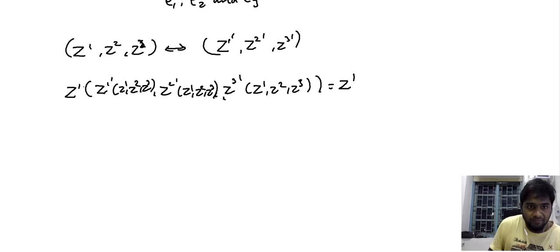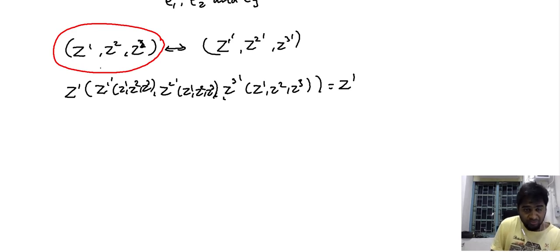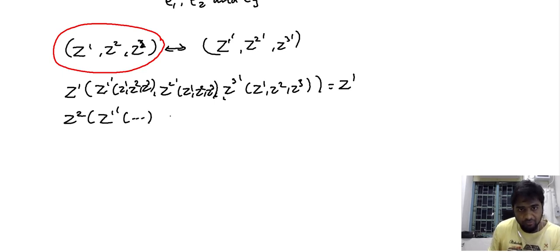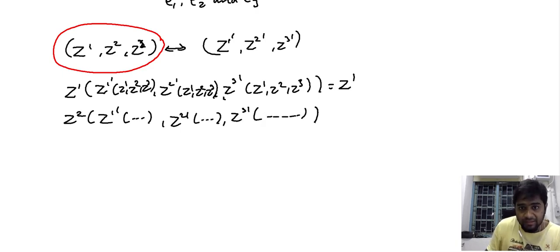There are two other coordinates pertaining to this system alone, so the entirety of the inverse relation is ensured only when this is also true: Z1 prime is a function of a function, Z2 prime is again a function, and Z3 prime is again a function, and this ultimately yields us the variable Z2.